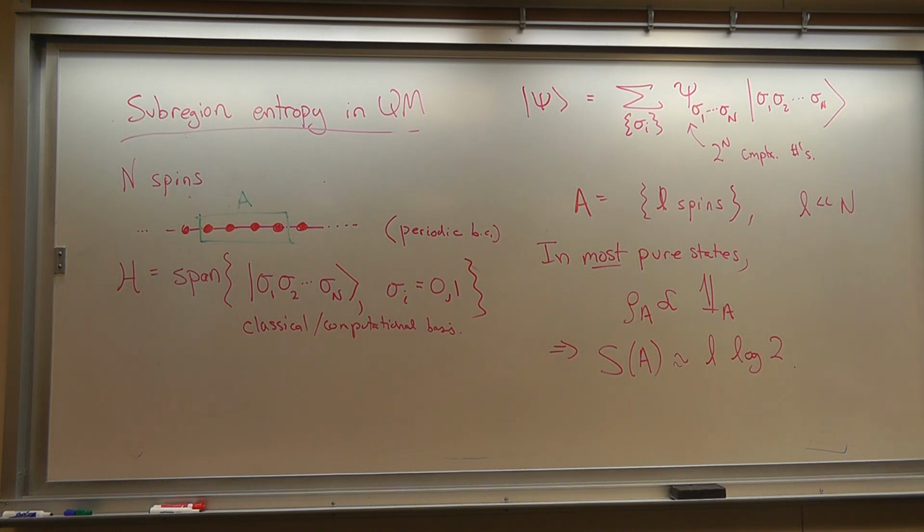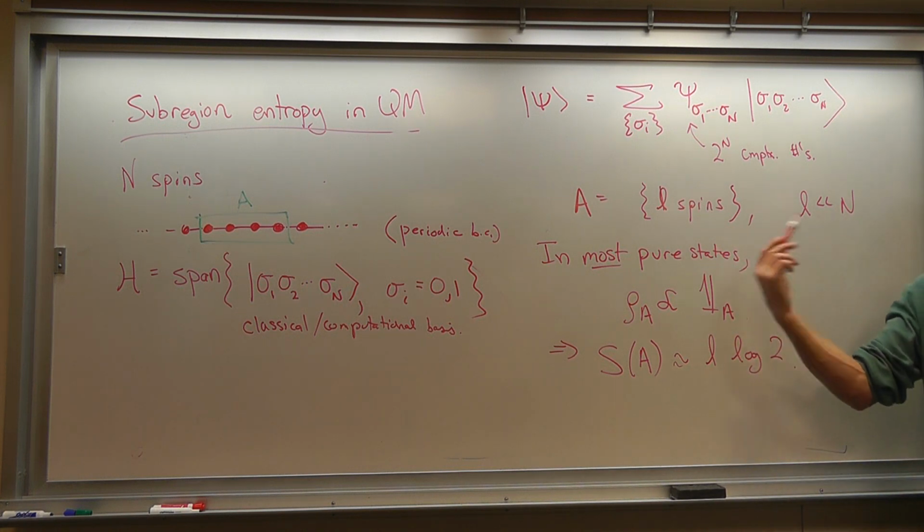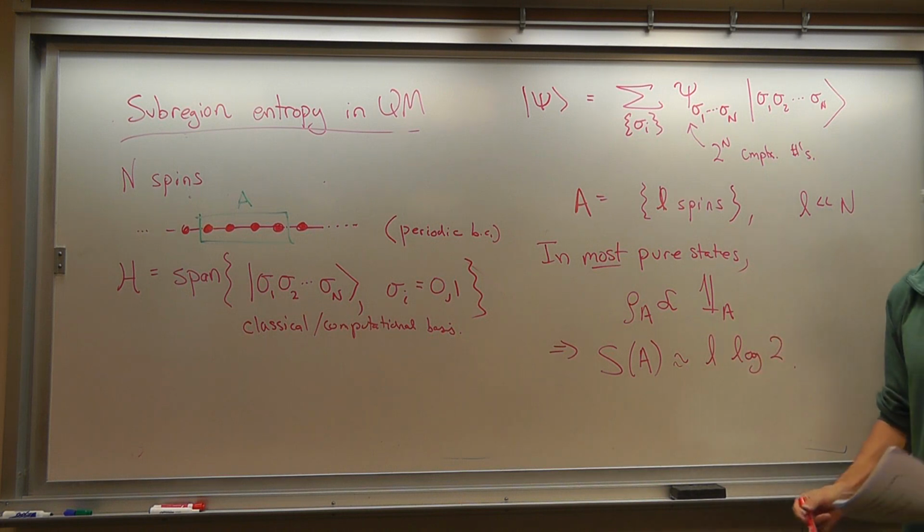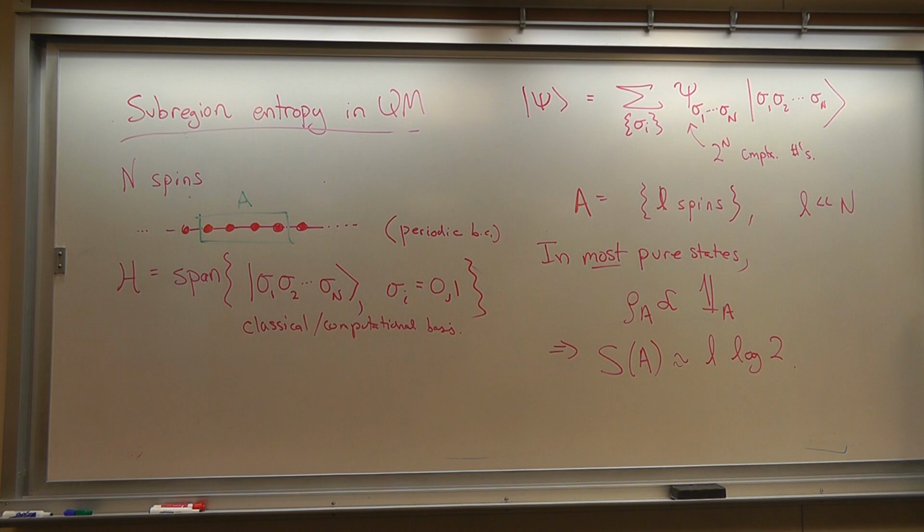I'm going to quantify this next time and say what I mean by most pure states. But for now, let's just say it's sort of obvious that if you take a tiny subsystem, it's going to be entangled with everything else, so it's going to be maximally mixed.